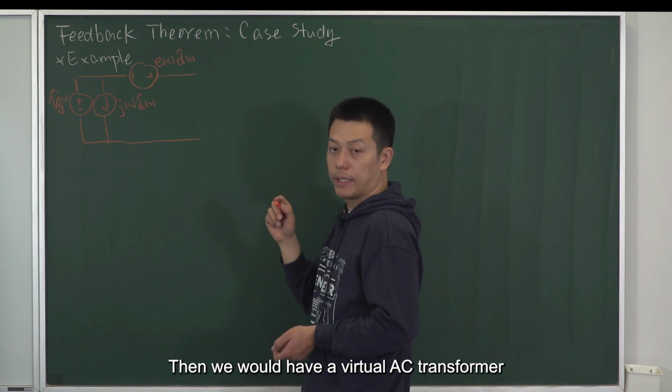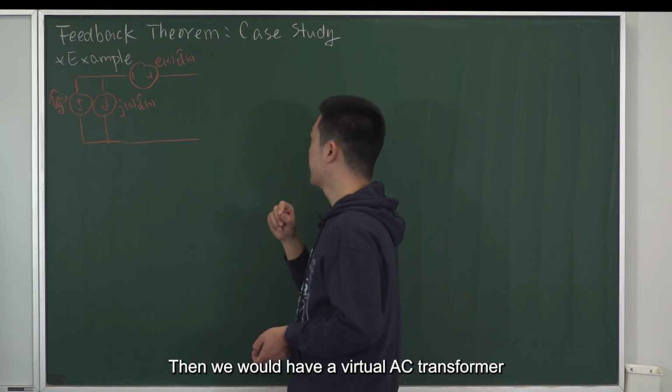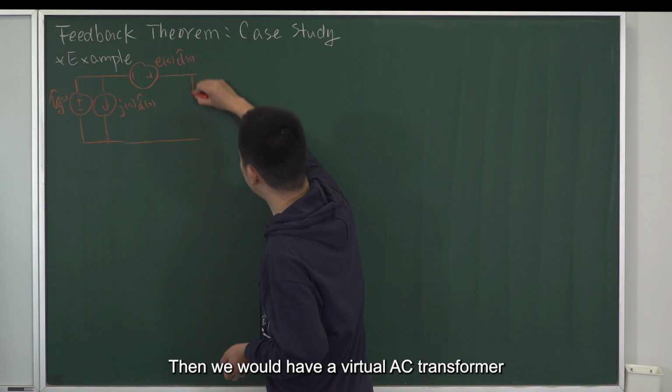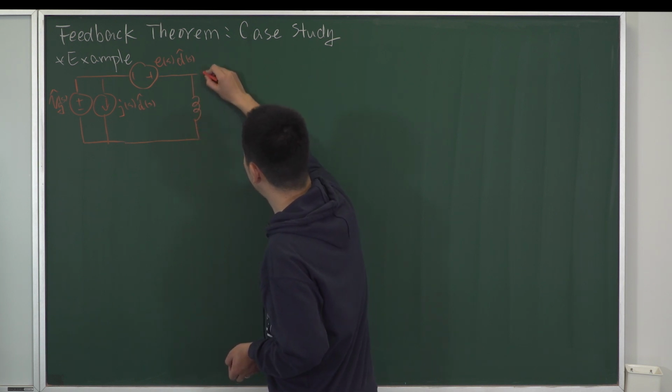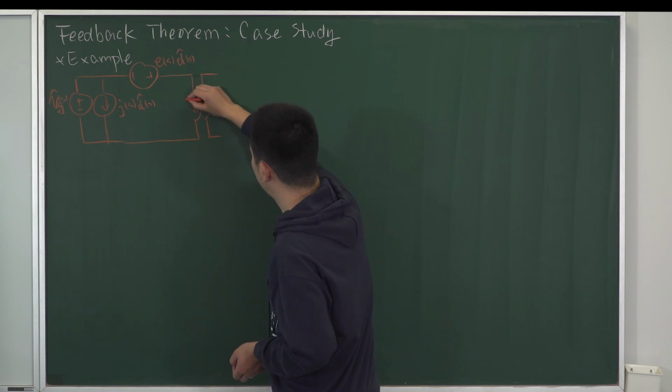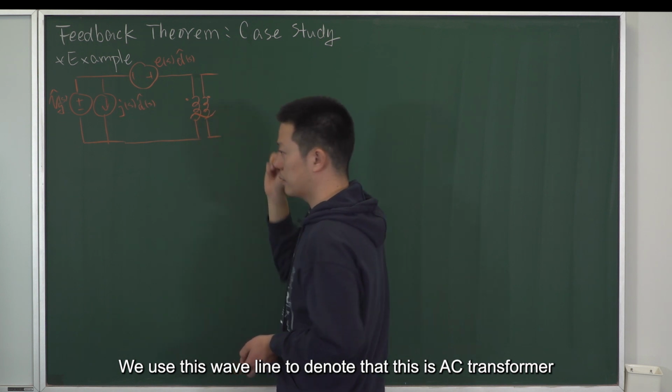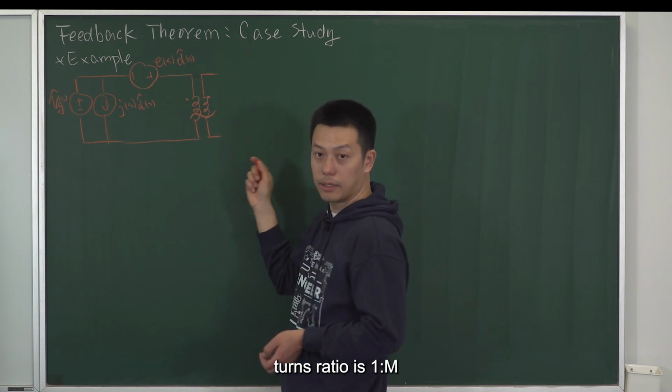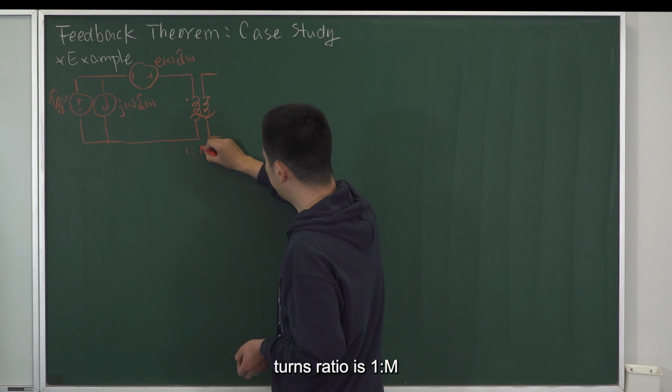Then we would have a virtual AC transformer. We use this wave line to denote that this is an AC transformer. The turns ratio is 1 to m.